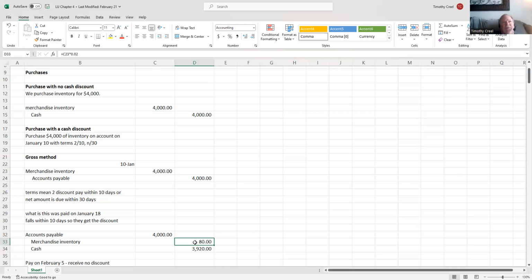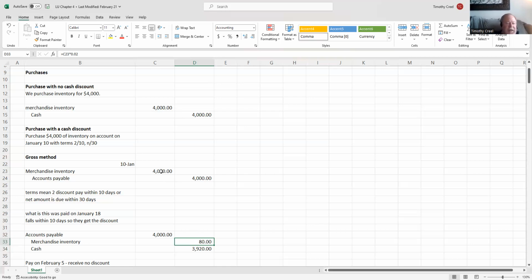Think of it this way: you want inventory on your books to reflect the price that you've paid for it. In this case, you would have the discount as a credit to inventory, which reduces the value of the inventory in your books.